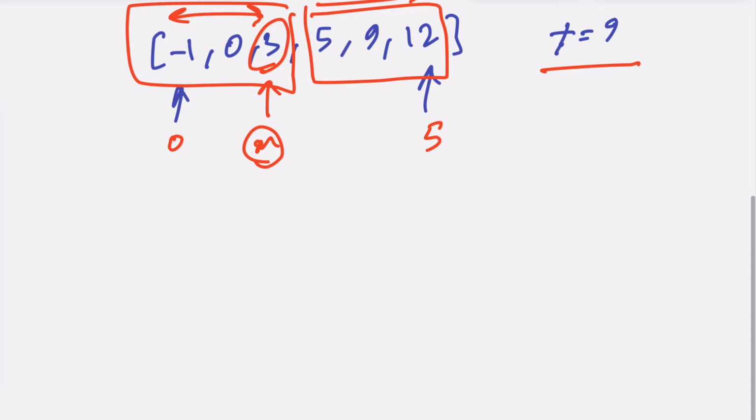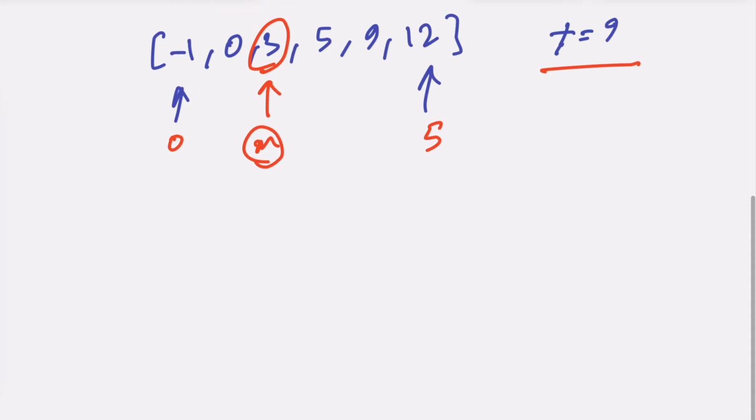So by simply cutting half of the array at each iteration, we are going to find our target much faster and sooner. As I said, we are on a sorted array. Because this array is already sorted, we don't need to worry about the sorting here.